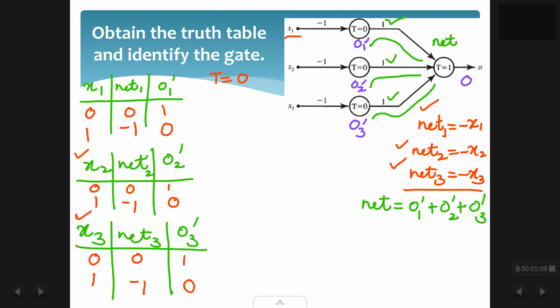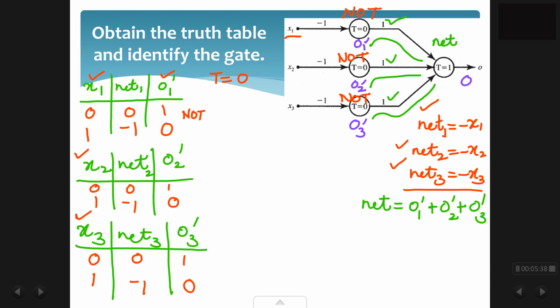If at all you closely have a look at this, when the input x1 is 0, the output is 1, and when the input is 1, the output is 0. So this holds true for all the neurons. So this is a NOT gate, that is this neuron acts as a NOT gate. Similarly, this neuron also acts as a NOT gate, and this neuron also acts as a NOT gate.